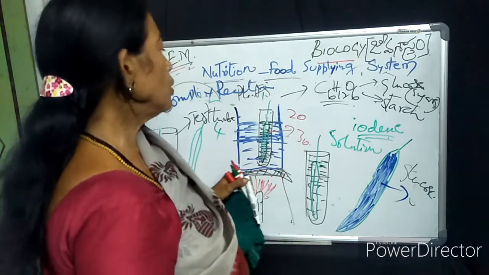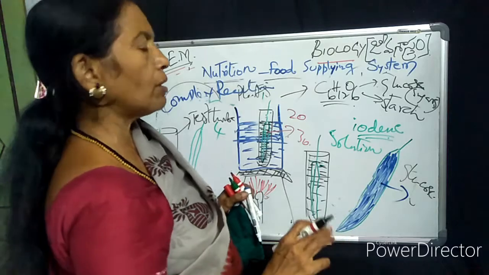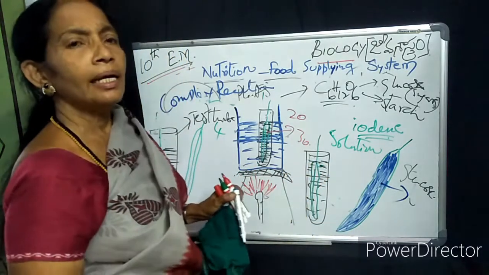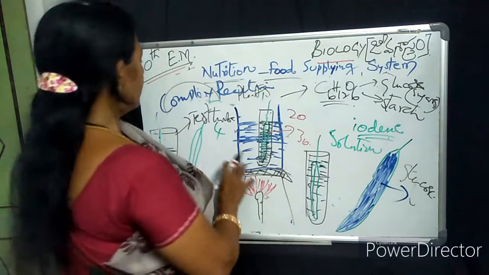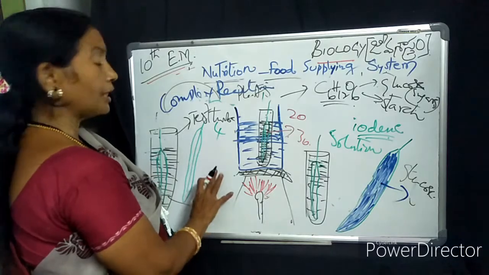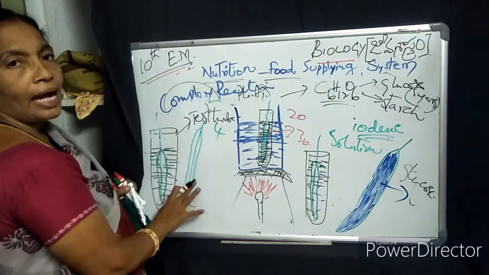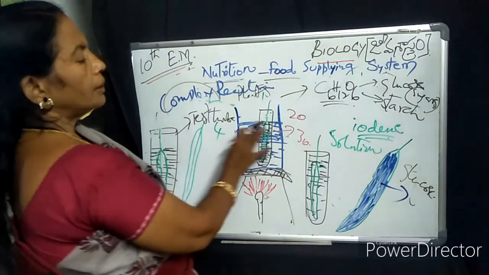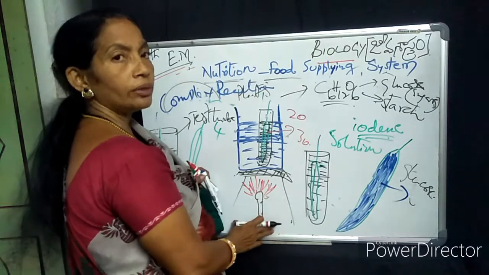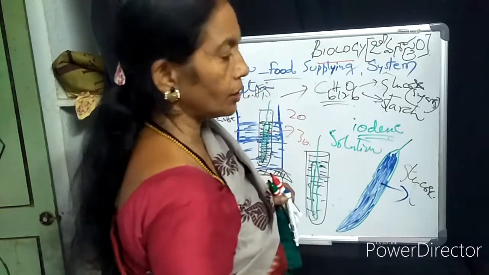So early in the morning we have already cut one leaf and put it aside in the dark room, and then one leaf after 4 hours, that means after getting sunlight for 4 hours. Then this other leaf we have to test like this, and we have to test with iodine solution.